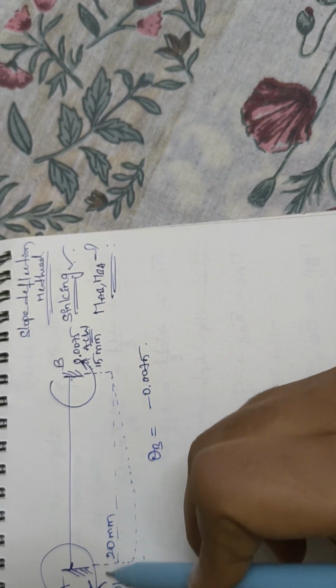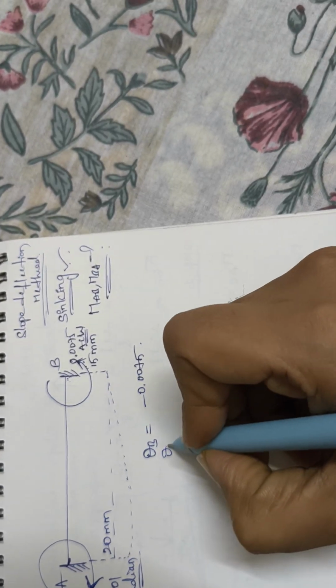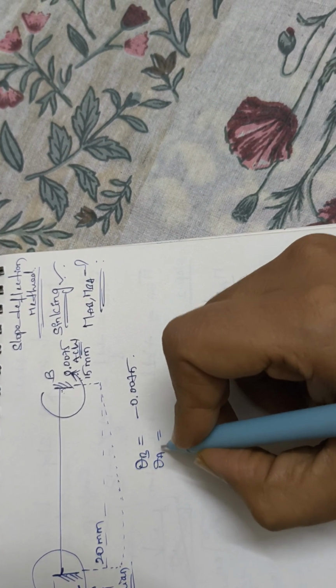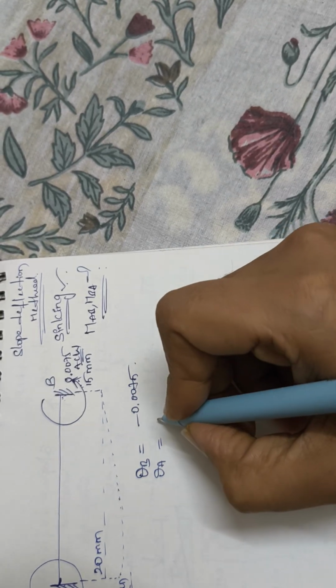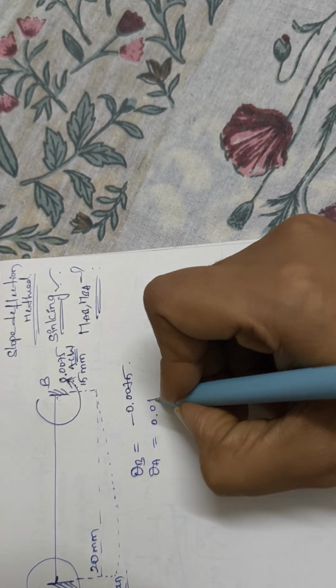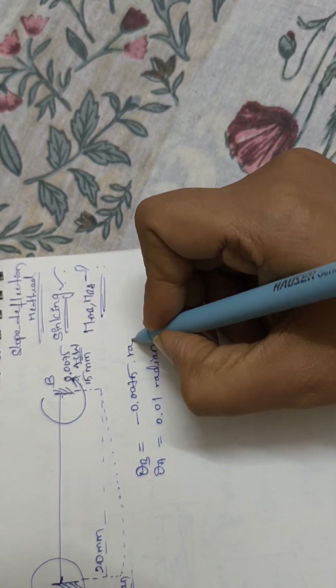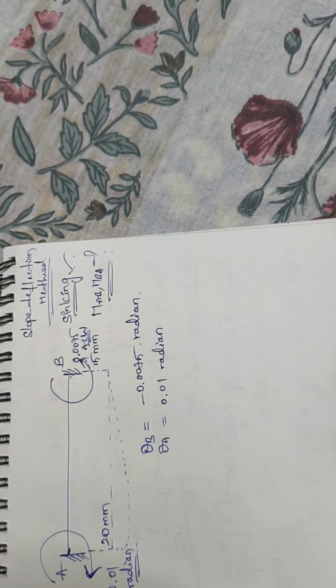And due to the clockwise rotation at A support, the slope value theta A equals 0.01 radian.